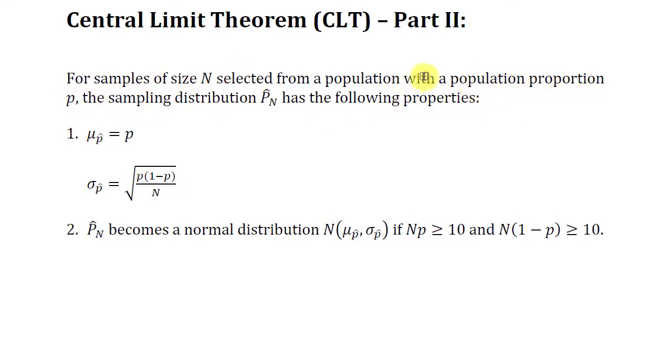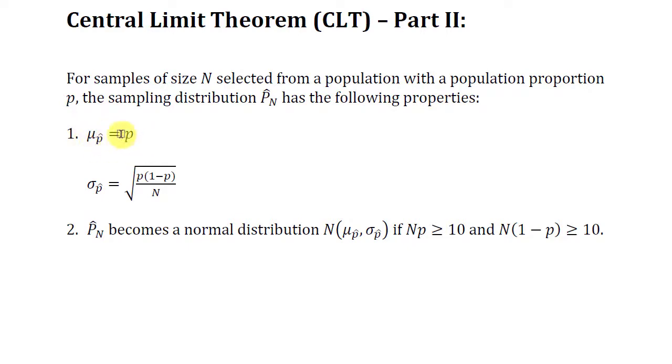This indicates that our central limit theorem starts out by assuming that we have a known population proportion. Then the sampling distribution capital P hat sub n has the following properties. Statement number 1, the center mu p hat must equal p.